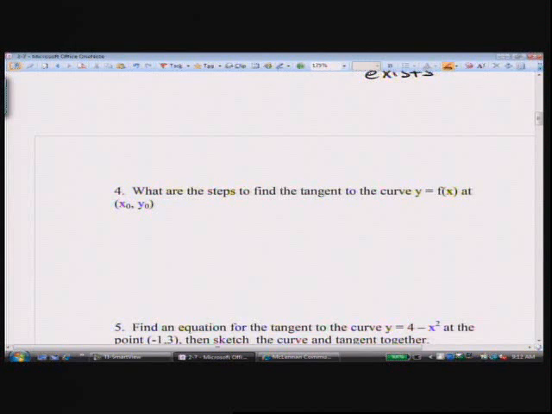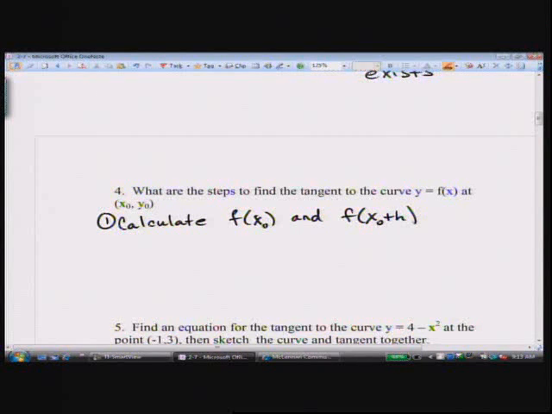So that's not a problem. The first thing that you would do then is to calculate f of x naught, which they may have given you because it is just y naught. Calculate f of x naught and f of x naught plus h. That's the first thing you're going to do.